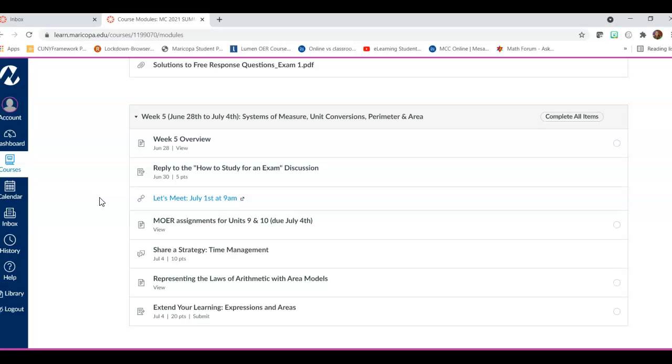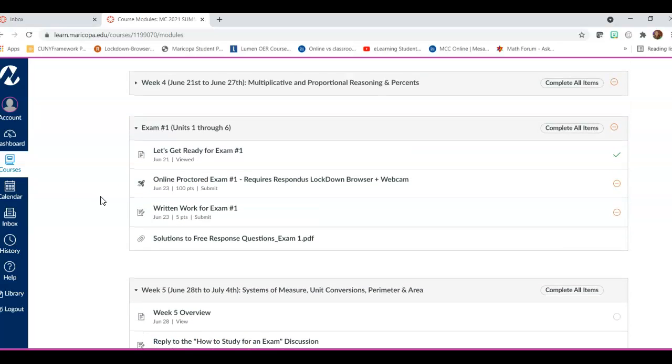In the Let's Meet session, there's a few things we can do while you are there. The first thing though for this Let's Meet session is it would be nice if we could go over any questions you had from exam 1. If you'll notice in the exam 1 module, I now have the solutions posted to the last 10 questions of the exam, so questions 31 through 40. Those are the questions that were manually graded before you saw your overall score on the exam.